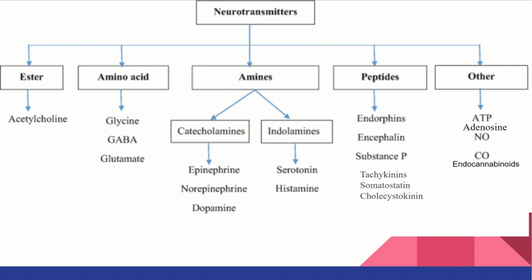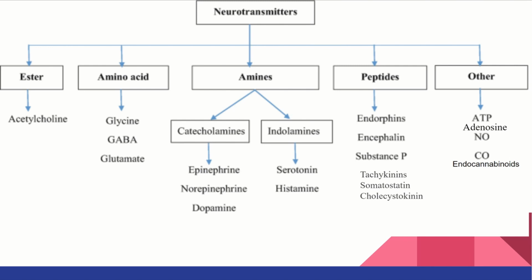We're going to move on to the amino acids and talk about GABA. It's found in the central nervous system. It's mainly inhibitory, and it is the primary inhibitor of the brain.